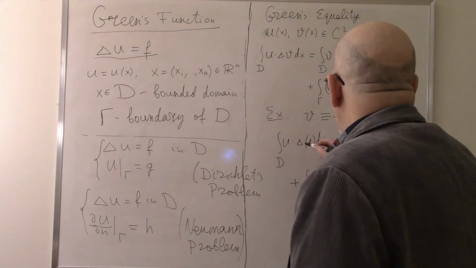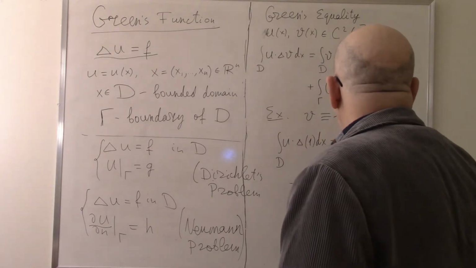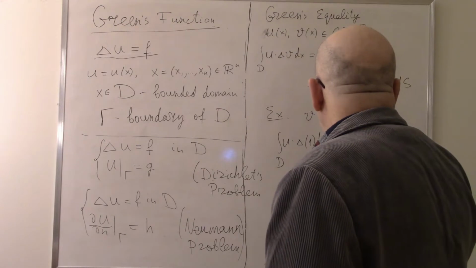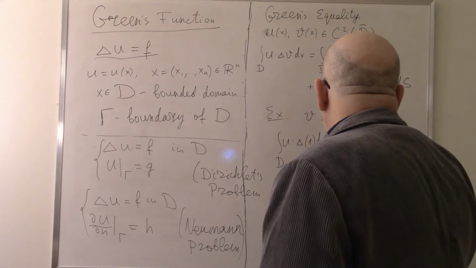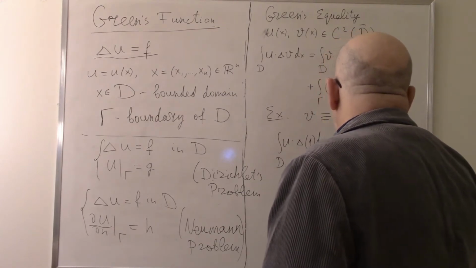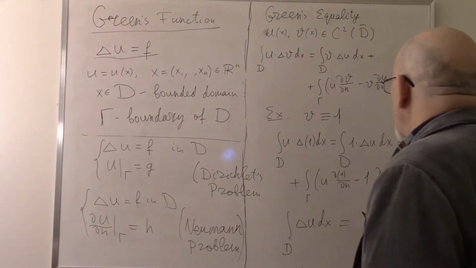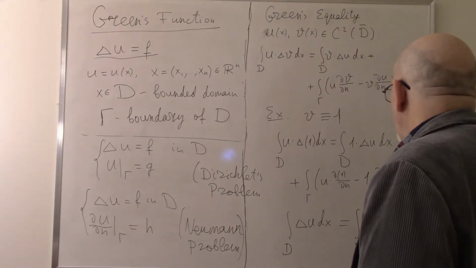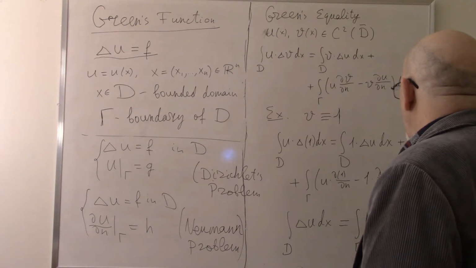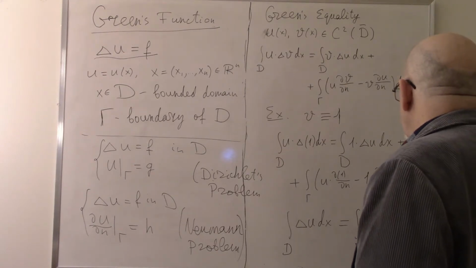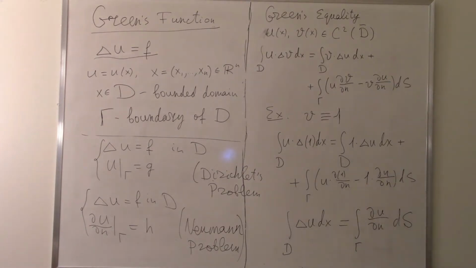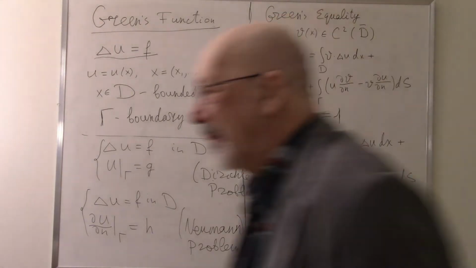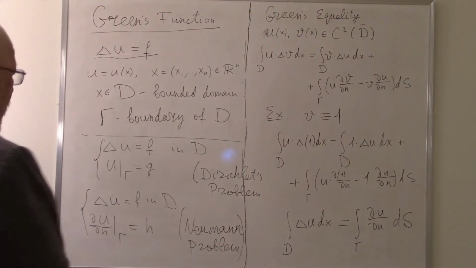So these two terms go, and what we have is the integral of Laplacian u dx over D equals the integral over gamma of du/dn ds. It is already a powerful equality. Now let us go further.